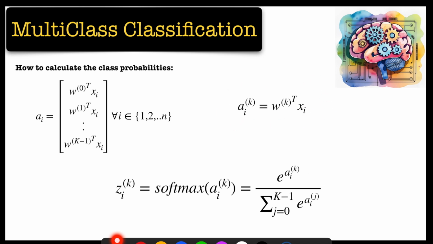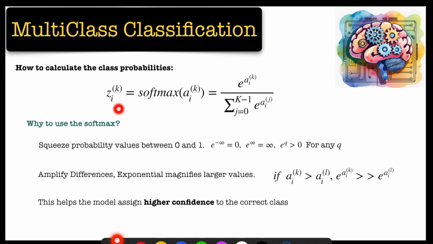Now we have to convert these values to probabilities using softmax. So let's take Zik, that is softmax of Aik, which is e raised to the power Aik divided by the summation j equals 0 to k minus 1 of e raised to the power Aij. That's how we got this Zik. That will be the probability for the kth class.